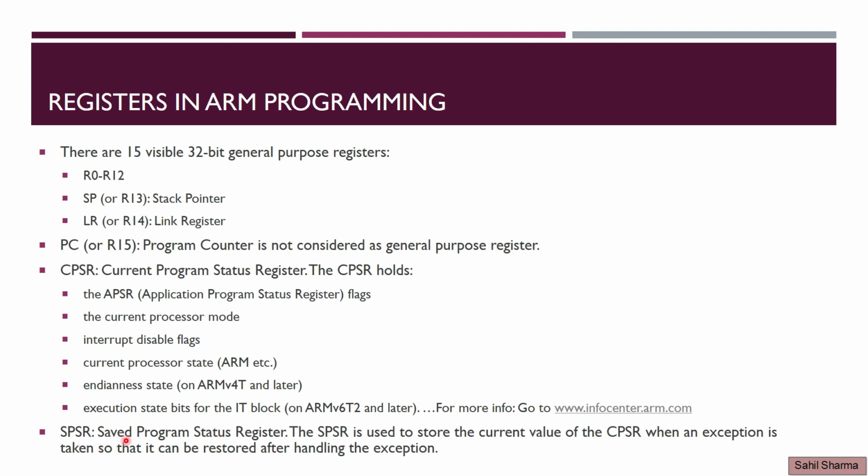SPSR means saved program status register. The SPSR is used to store the current value of the CPSR when an exception is taken so that it can be restored after handling the exception. So when some exception occurs, the current value of CPSR goes into SPSR and it can be called back after the exception has been handled.